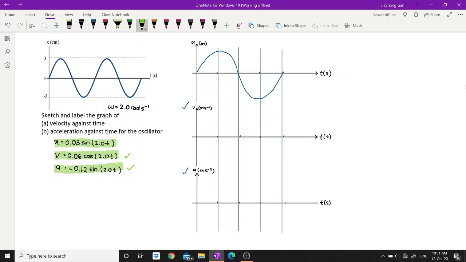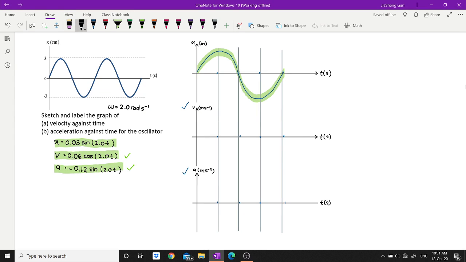Okay, so I've already drawn the displacement time graph. It's exactly what you see in the question, just that I draw it for a single oscillation only. So this represents one complete oscillation. If we are sketching a graph, it's important for us to label two things.